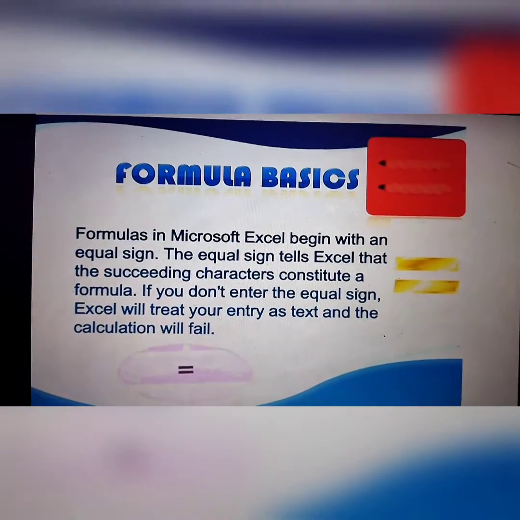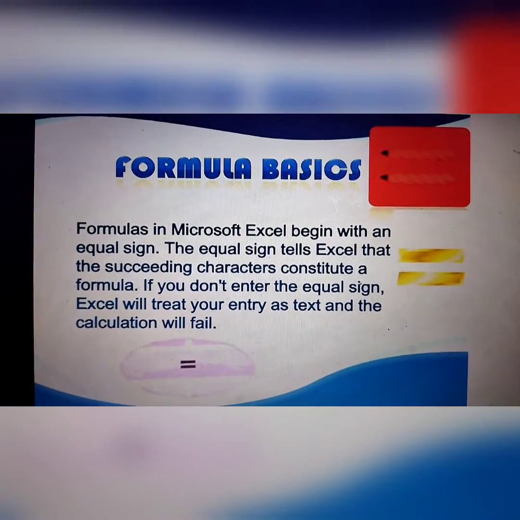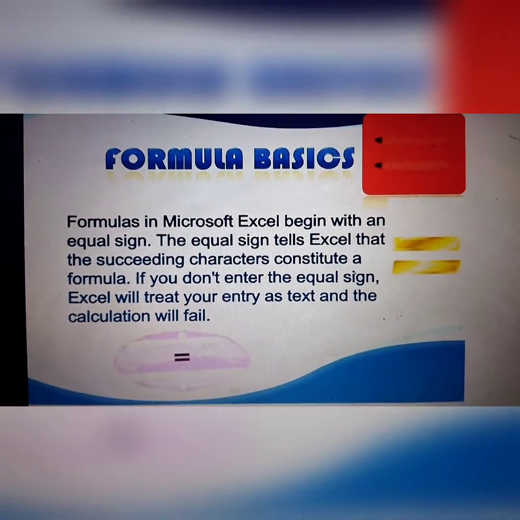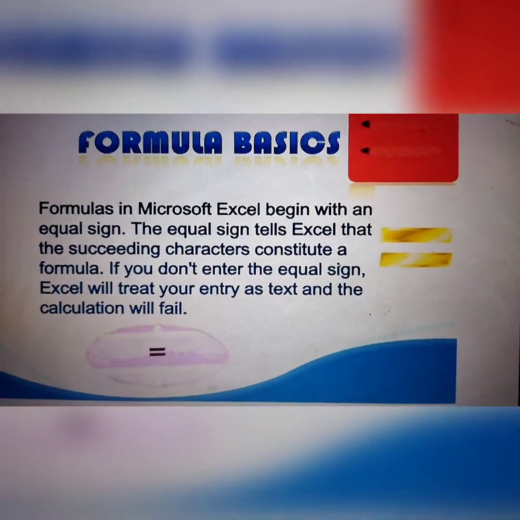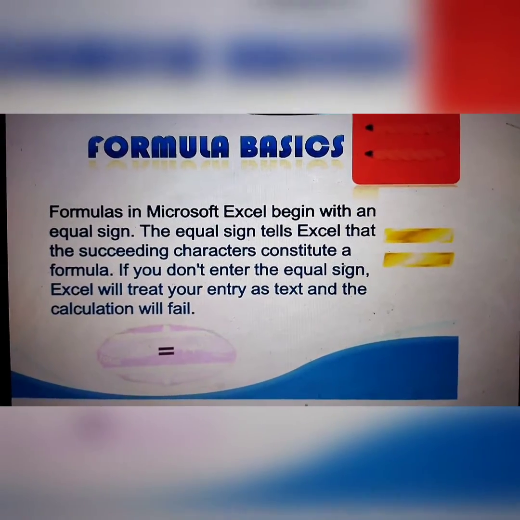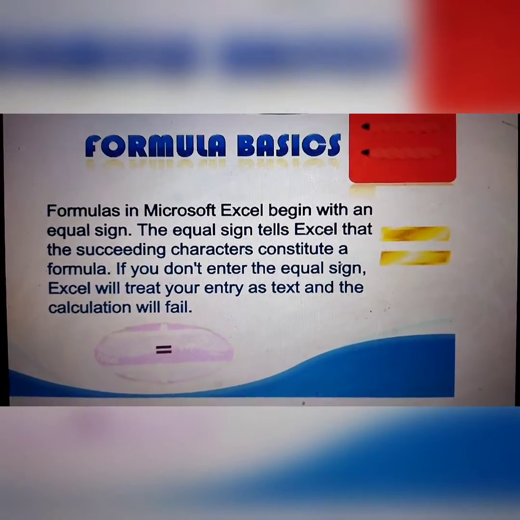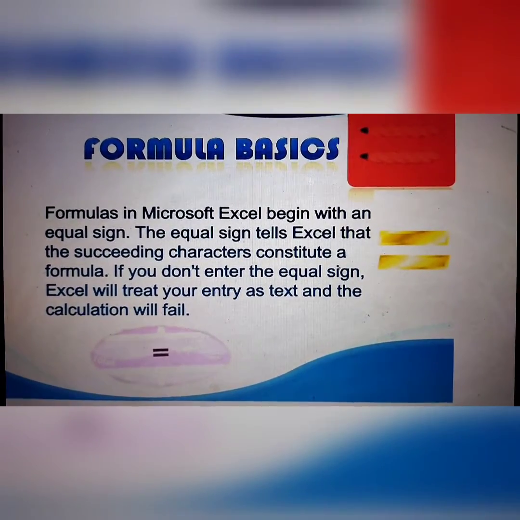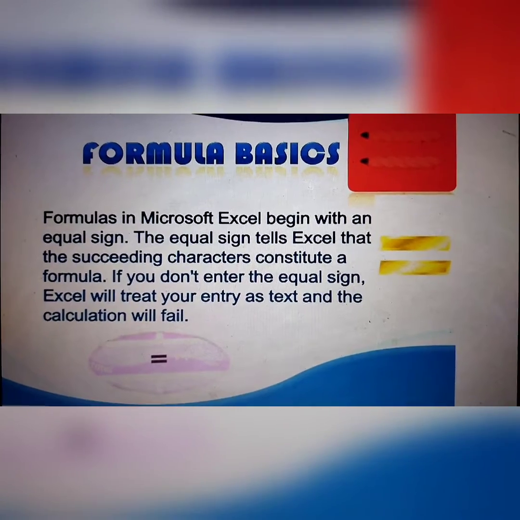We discussed the formula basics earlier. First of all, a formula in MS Excel always begins with an equal sign. The equal sign tells Excel that the characters following it constitute a formula. If you don't enter the equal sign, Excel will treat your entry as text and the calculation will fail.